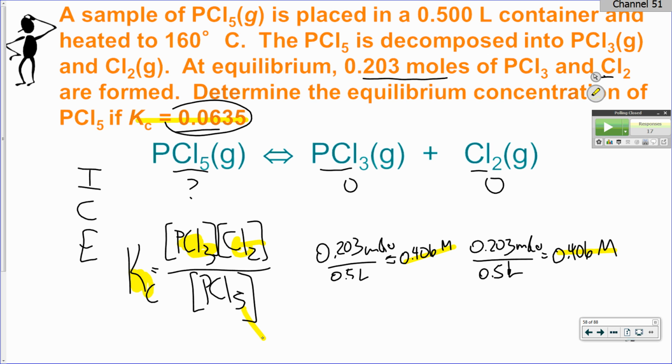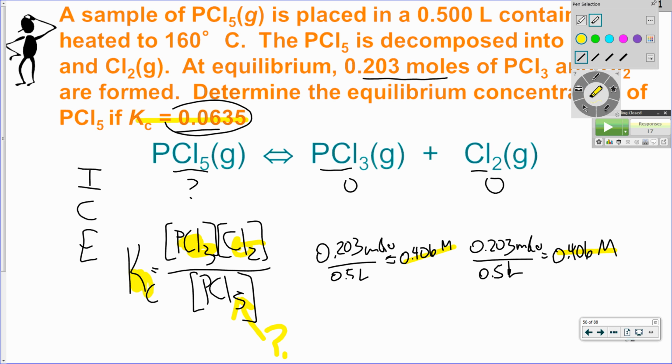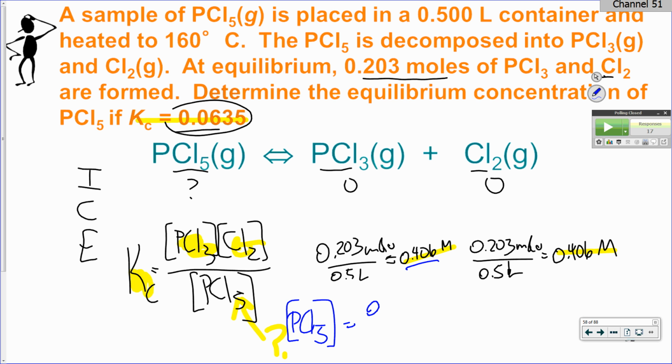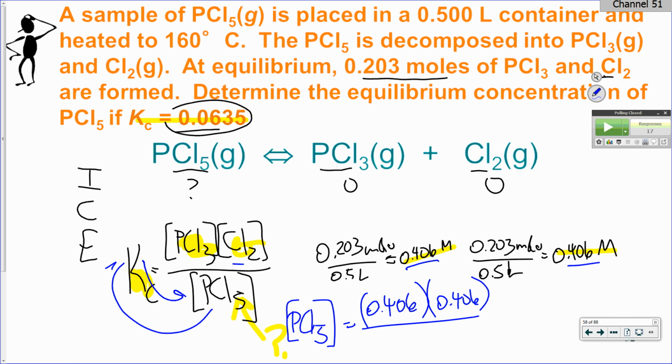All I need to do is rearrange this and solve for what I don't know. So I'm going to find out the concentration of my unknown in the system. PCl5 concentration is equal to the concentration of PCl3, which we said was 0.406, times the concentration of Cl2, which is also 0.406, and divided by K sub C. I'm going to cross multiply, so this went to the top, that means K sub C is going to go on the bottom, 0.0635.